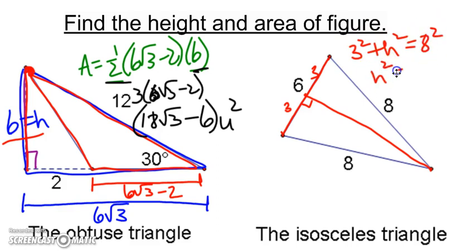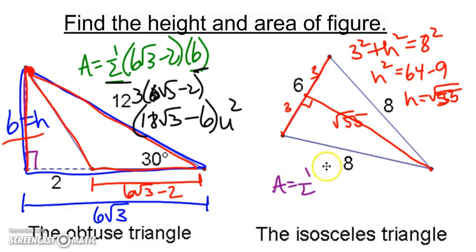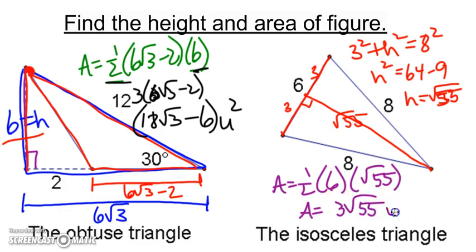You can solve that the height squared is 64 minus 9, giving us the height is the square root of 55. And so then in order to find the area of the triangle, we take half of the base of 6 and the height of the square root of 55. And we're going to get 3√55 units squared.